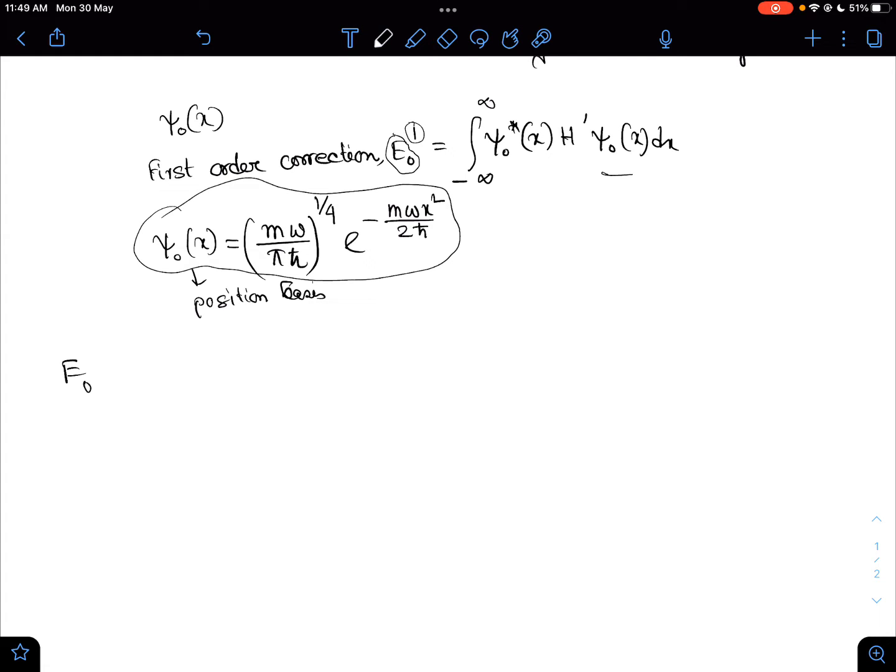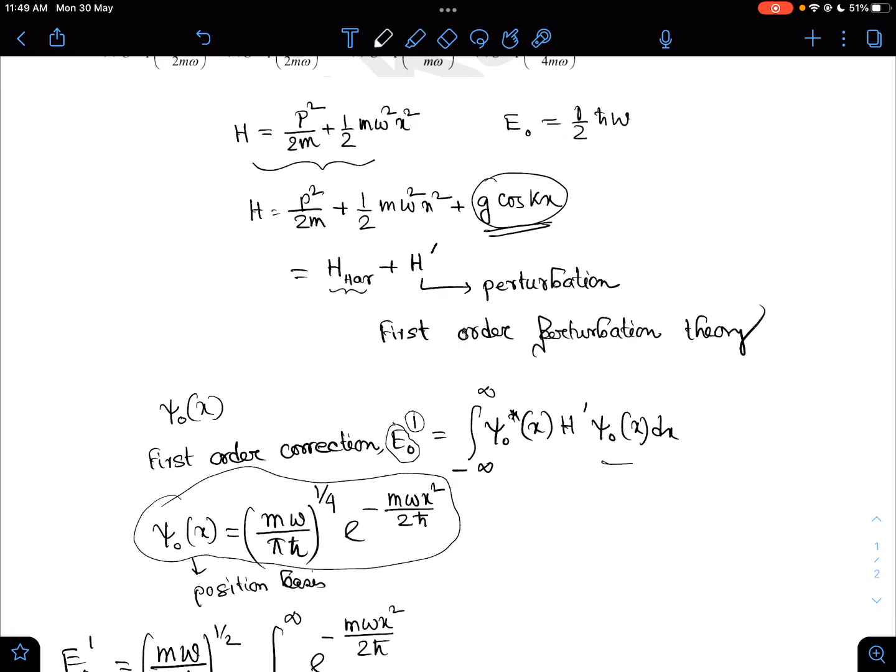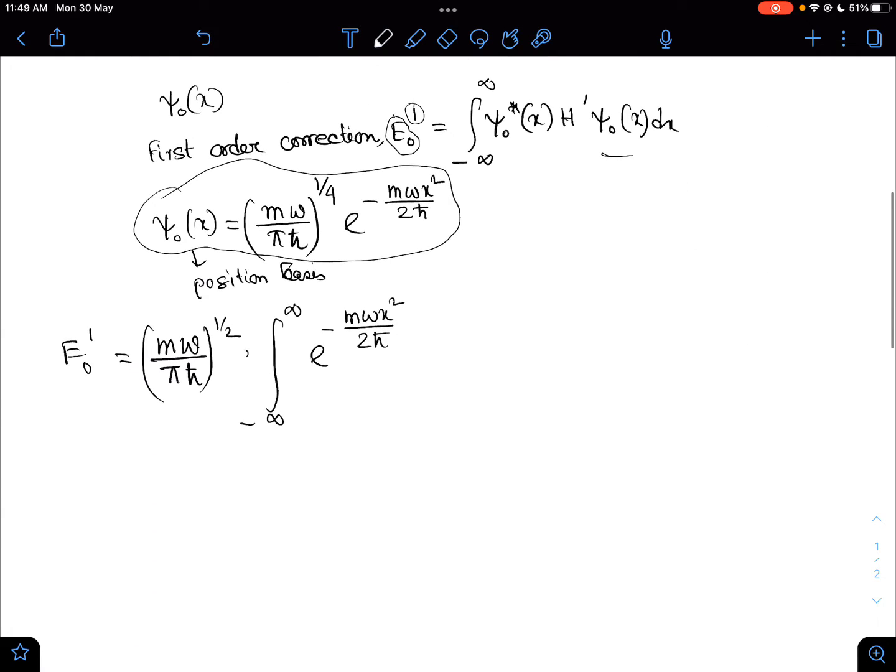So let us proceed. E0 first order we can write as m omega by pi h cut to the power half, and here we have the integral from minus infinity to infinity of e to the power minus m omega x squared by 2 h cut, and what is H dashed? H dashed is g cos kx, so we are taking g outside.